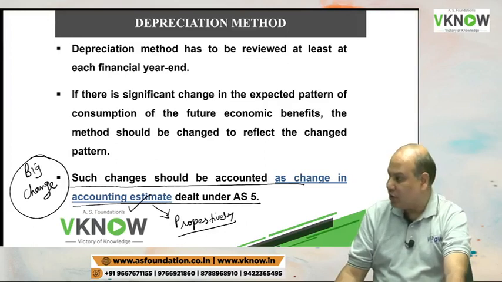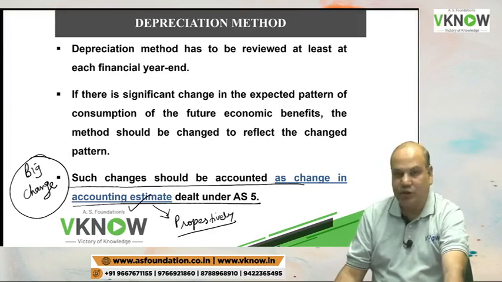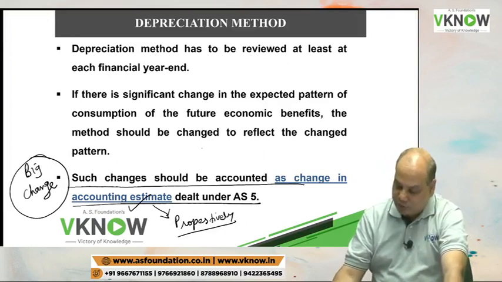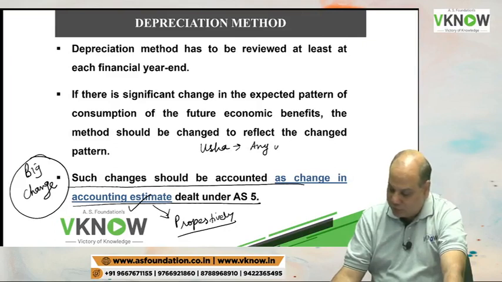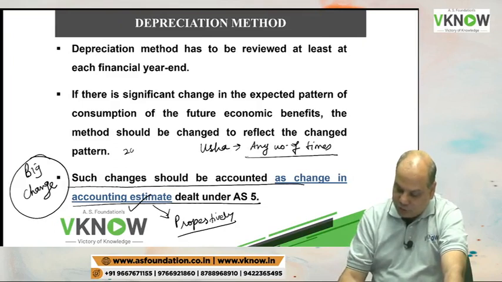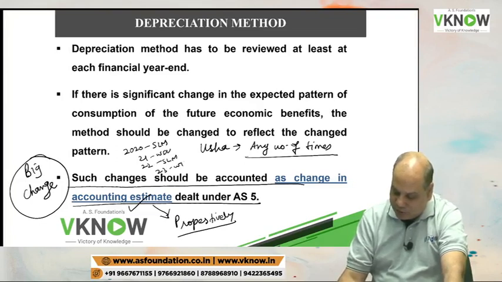Then the student is asking how many times can it be changed? Usha is asking, can we change it more than 2 times? Any number of times. Standard does not put any restriction on you. Okay. So 2020 SLM, 21 WDV, 22 SLM, 23 WDV.